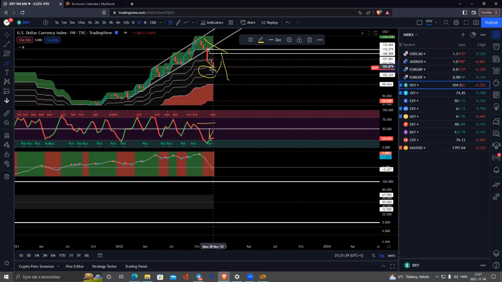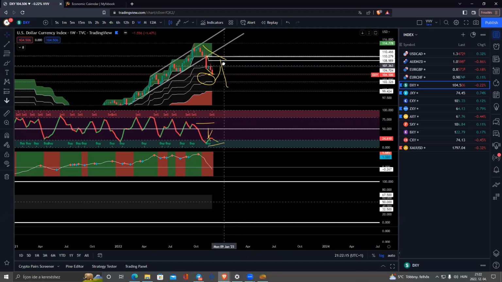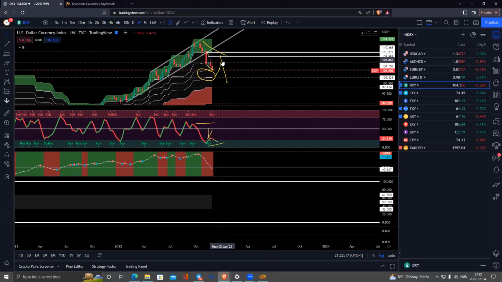But first of all, we need to come back because there will also be divergence if the price goes down next week. Then there is already a divergence right now, but it's not formed yet. It depends how it closes next week. Okay, so it has to have a correction first, and then it will be way too high.